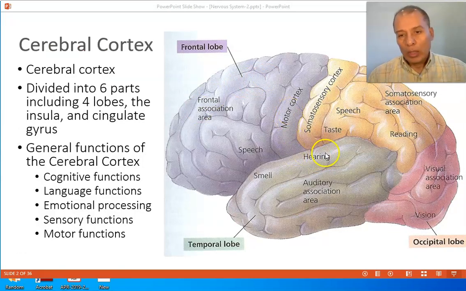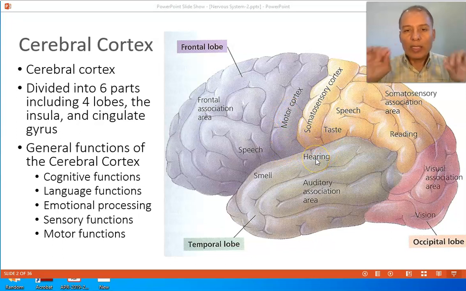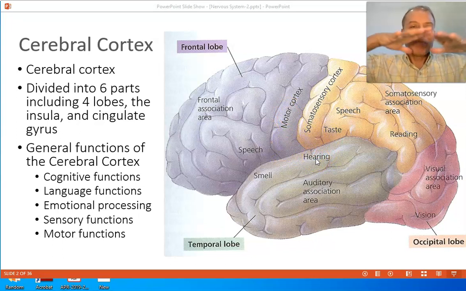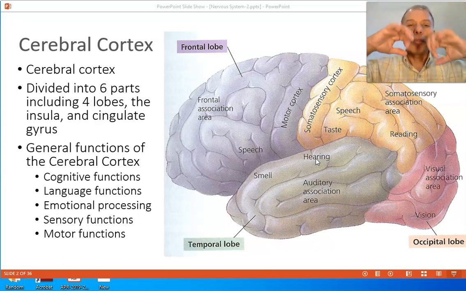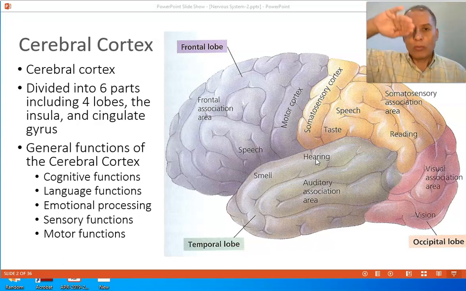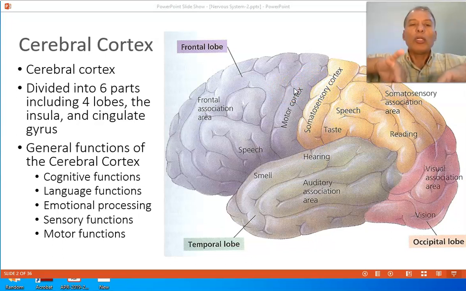So you can think about it as a thin pancake, big and wrapped around the entire brain, and it is convoluted into prominent areas that we call gyri. One of them is called gyrus, and the valleys in between are called sulci.